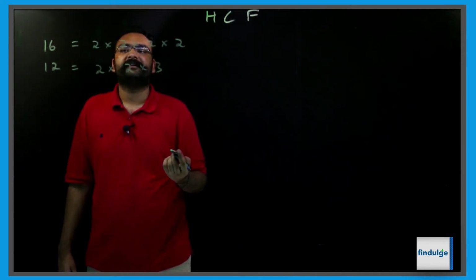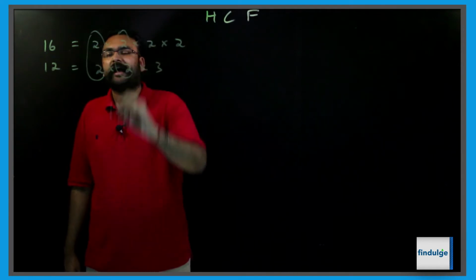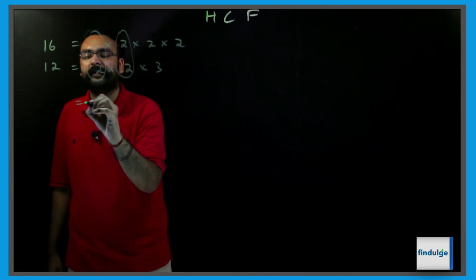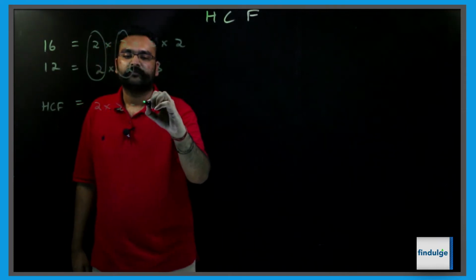Every time a prime factor is common, we would circle it as a pair and we would simply multiply all the pairs. So the HCF of 16 and 12 would be equal to 2 into 2, 4.